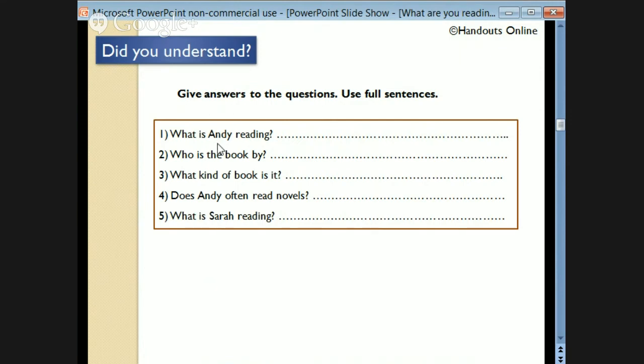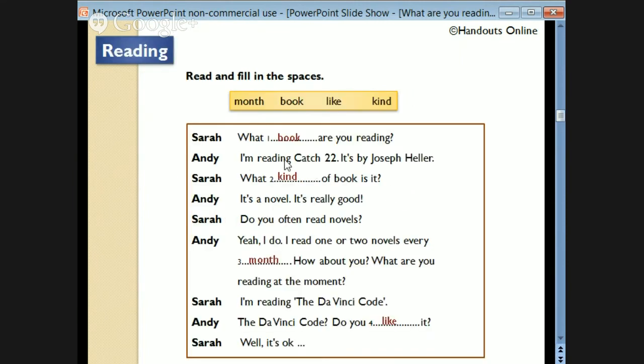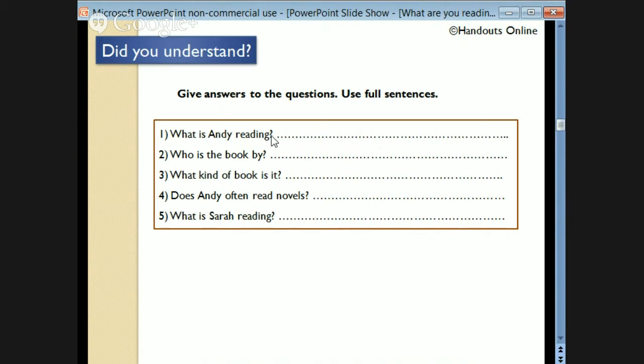What is Andy reading? Andy is reading Catch-22. Repeat.